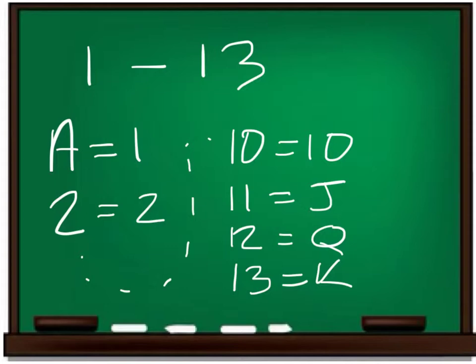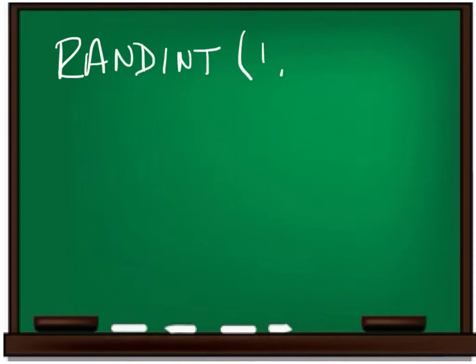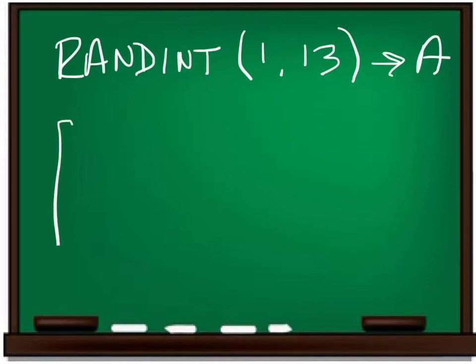So generate the code such that you do the following. Assign a random number, and you could have random integer, and it could be from 1 to 13. And you could store that for A. And then you're going to have a block of code that will assign whatever it is you're going to display. And this block of code really doesn't have to be repeated, in other words, typed in 4 and 5 times.